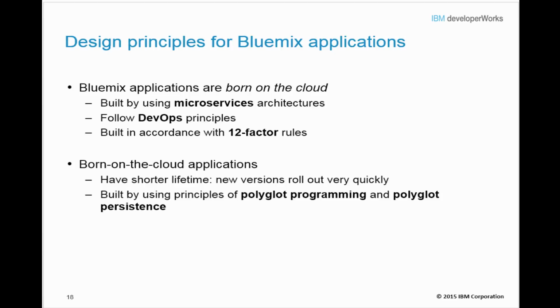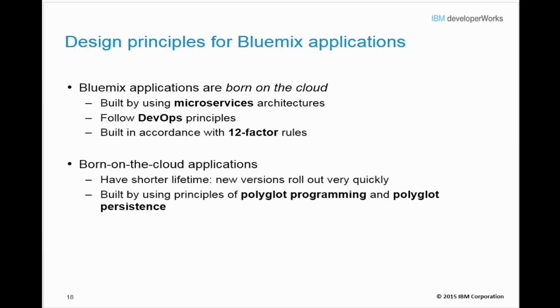But you have to understand that it's not just that those three rules are being followed to really be a born-on-the-cloud Bluemix application. Born-on-the-cloud applications also have a couple of other specific things that are kind of derivatives of following these previous principles. The first is that born-on-the-cloud applications generally tend to have shorter lifetimes.